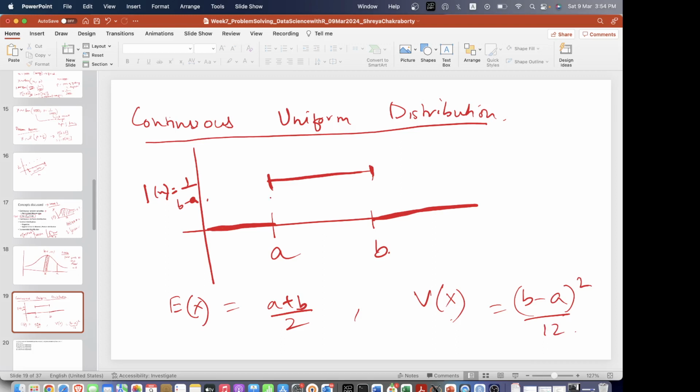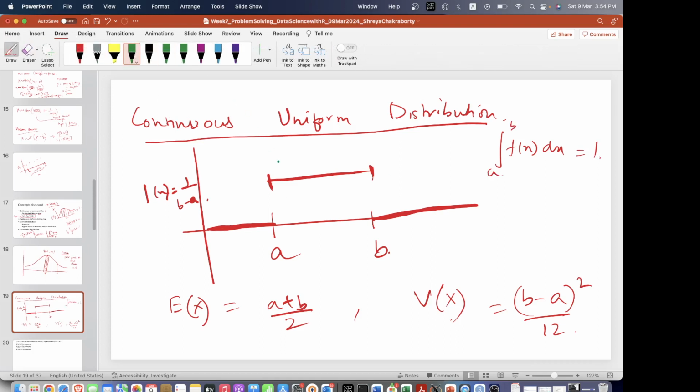Again, you see the integral of fx dx from a to b is equal to 1, that is the area under this curve. So this area is actually 1.